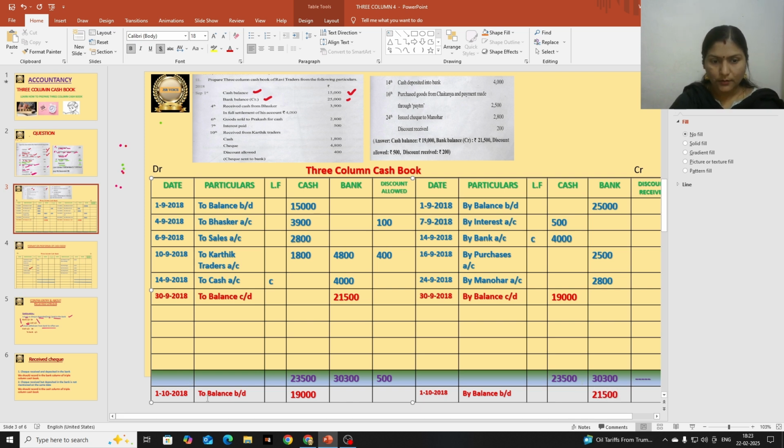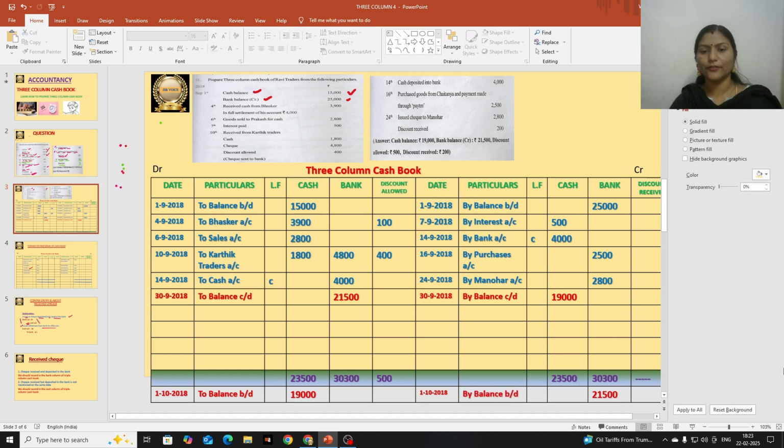Okay, so this is how we are going to bring it onto the opposite side. Hope everyone understood how to bring it down. In this way we are going to bring it down to the next month. Hope this is clear for everyone.